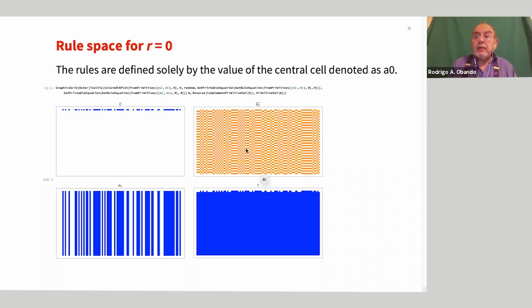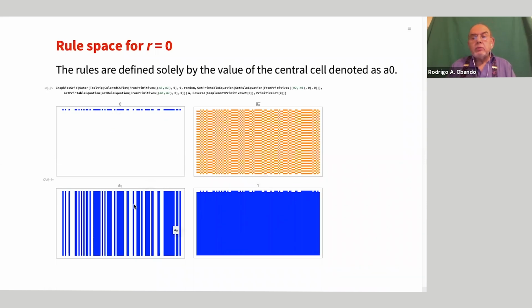Whatever 0 we have becomes 1, and whatever 1 becomes 0, and then for the next step, it flips again. As you can see, it's flipping constantly, from 1 to 0 to 1, for all the input in here. So these are the 4 rules, not very interesting, not much activity.